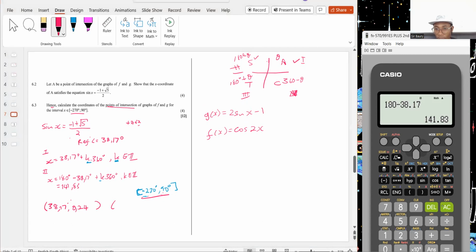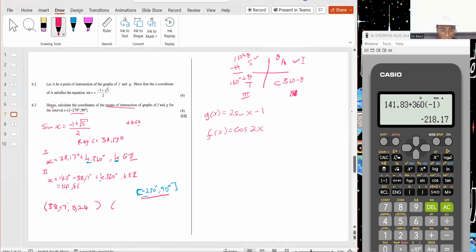Let us say I substitute one because I have 141.83 degrees minus 360. Let us say I put negative 1. It's not within the interval. Okay, sorry, this is a plus. It's my error. So this is equal to negative 218.17 degrees.